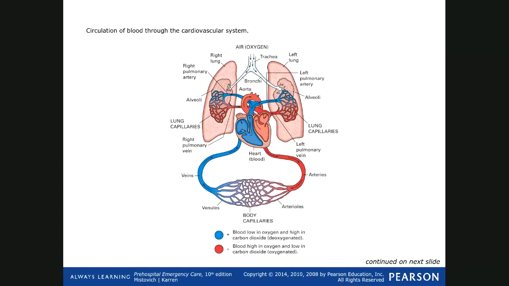So this deoxygenated blood is coming back to the right side of the heart. It gets pumped out, again, deoxygenated to the lungs. It picks up oxygen, comes back from the lungs. Now we're oxygenated, and then where we have the capillaries, this is where the carbon dioxide and oxygen are exchanging places in the capillary beds.